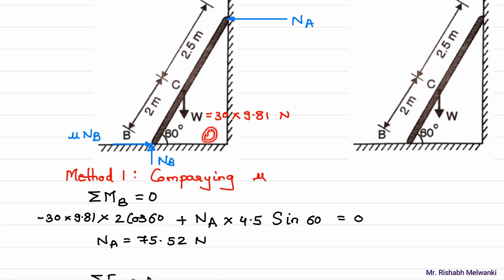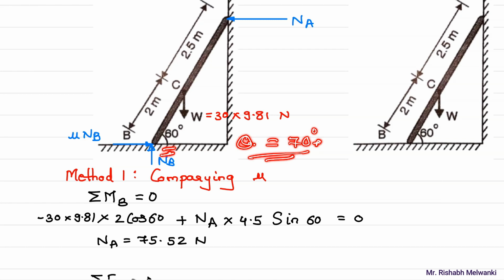Now if the theta which I am getting is greater than 60, then the ladder will slip or stand. That theta will be for equilibrium. Suppose theta is 70 degree, for example, and the given angle is 60.